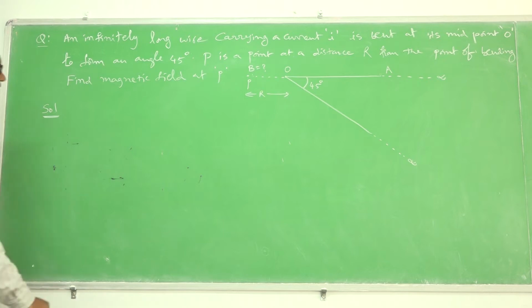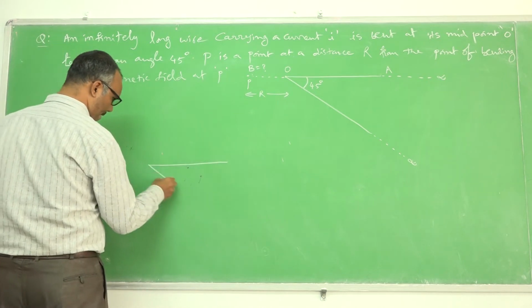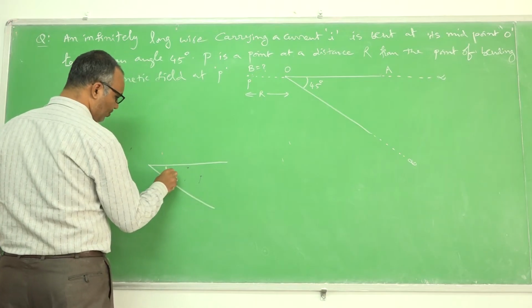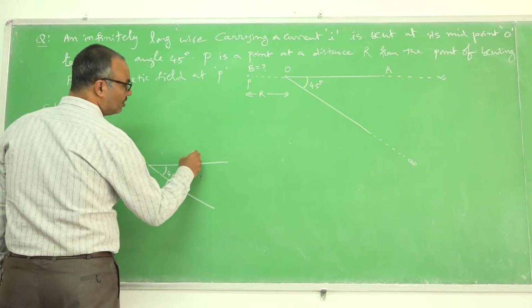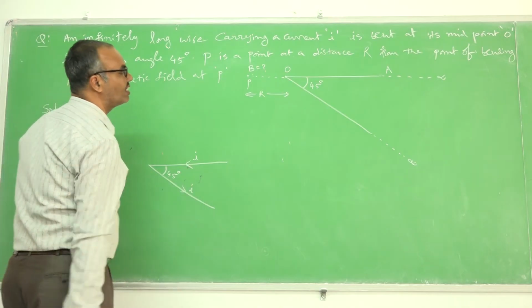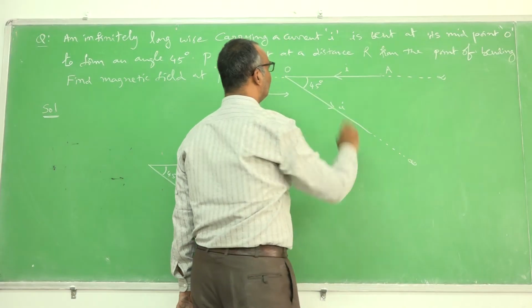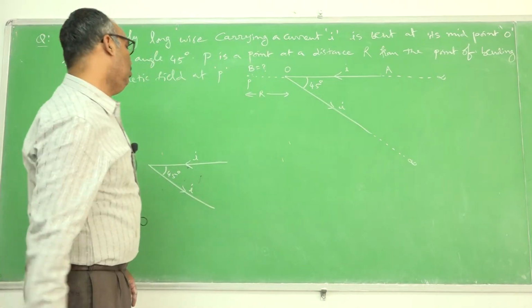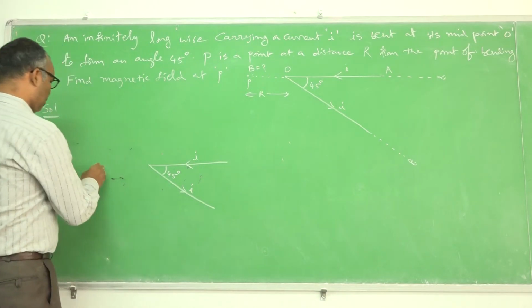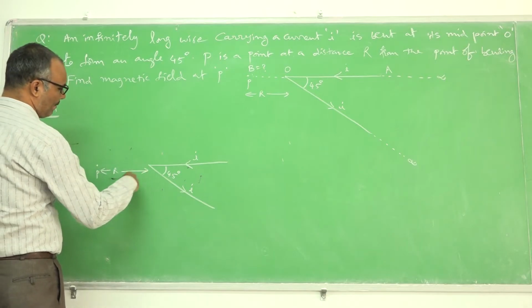Again, if I draw the figure, this angle is 45 degrees. This wire is carrying current I, like this. This required point P is here, located at a distance R.